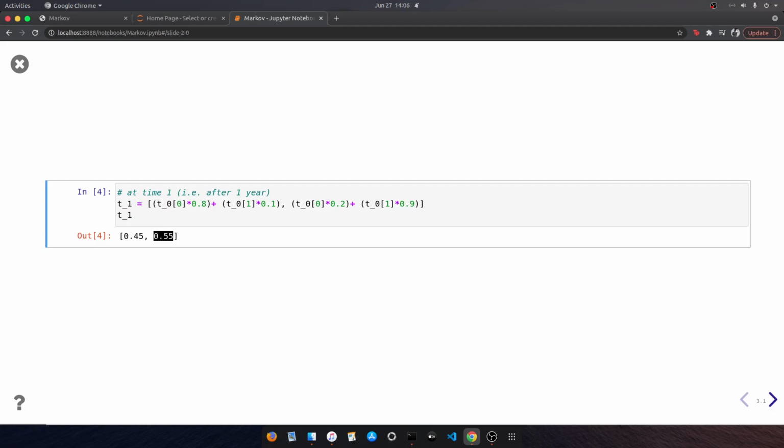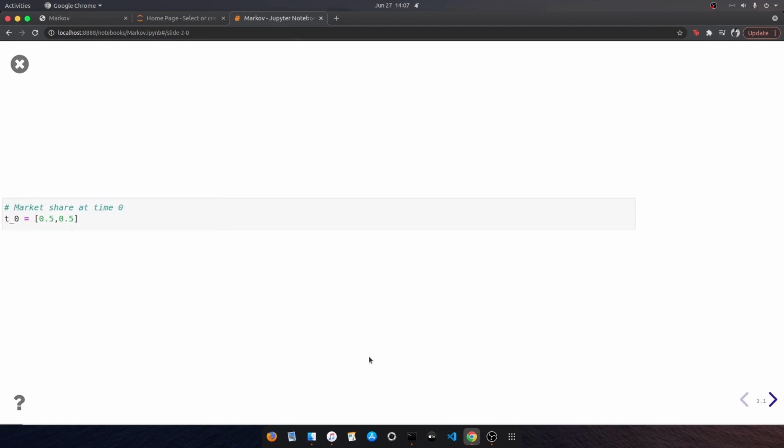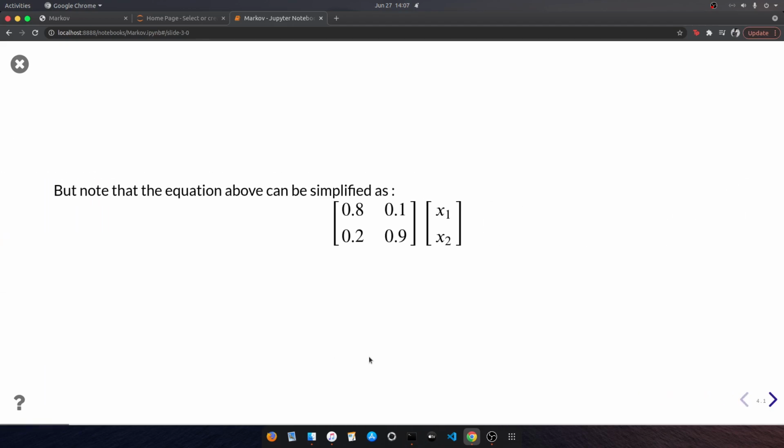Now, if we take a look at this linear system, notice that we can actually write this as a product of a matrix and a vector, and we will do that. Basically, this matrix times this vector is similar to what we have seen from the previous slide.